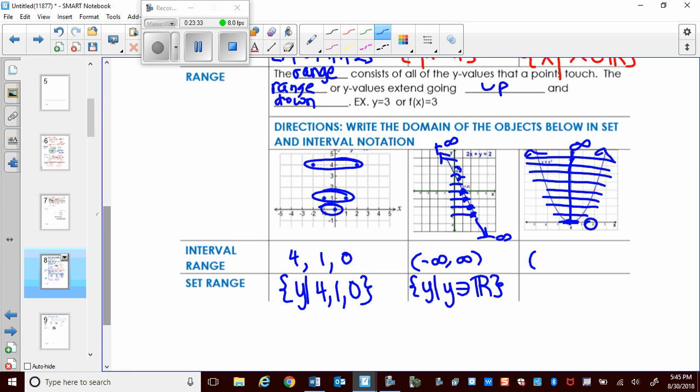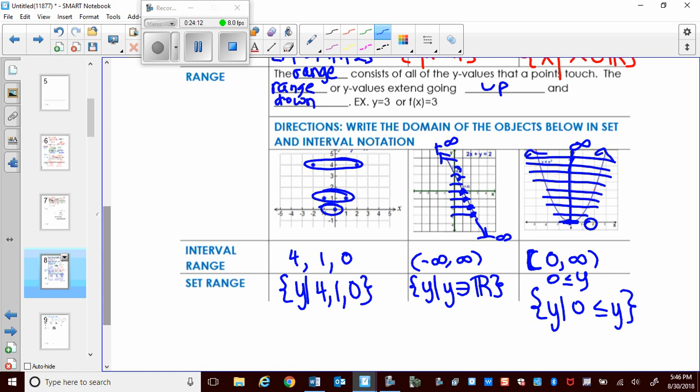And it's square bracket, 0 to positive infinity. If I want to write this in set notation, remember I said 0 less than or equal to x. So set notation would say curly bracket x bar. Oh, sorry, not x values. Remember, we're talking about the range. Curly bracket y bar, 0 is less than or equal to y. Okay?